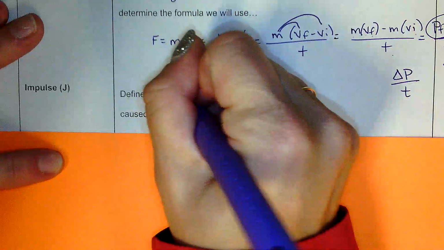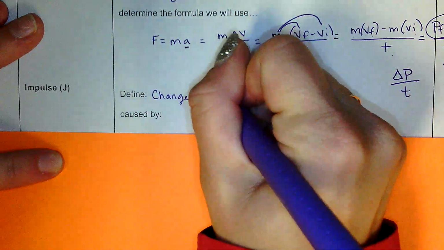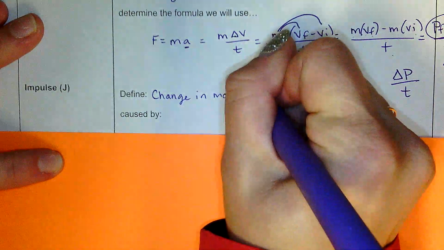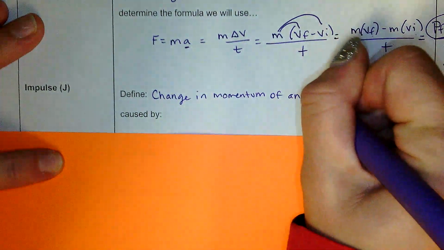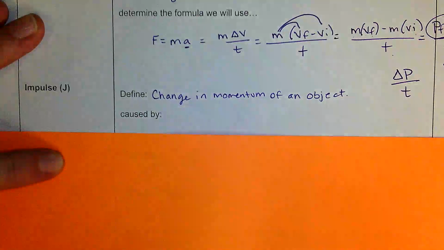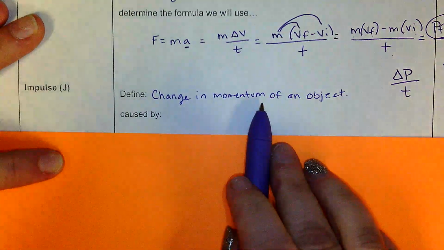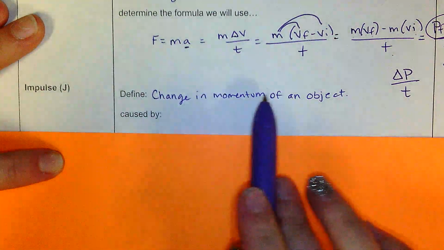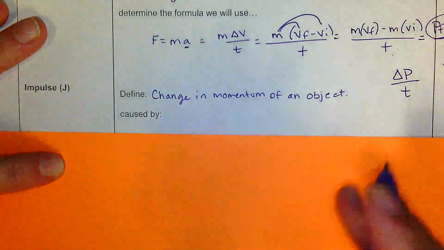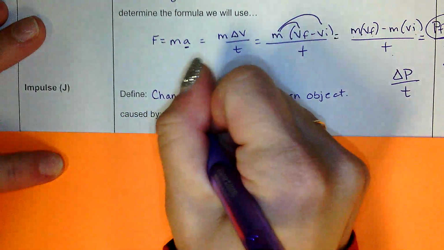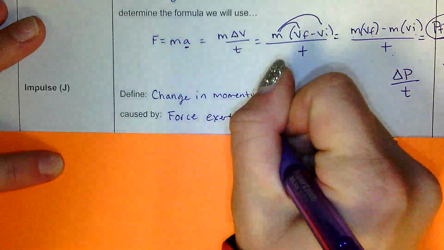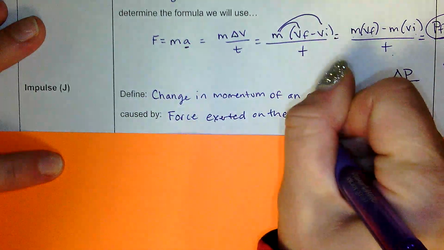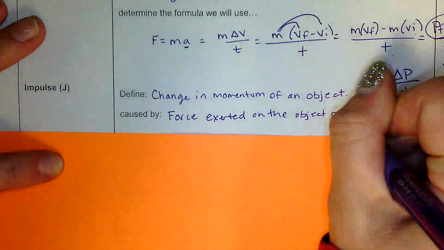It is the change in momentum of an object. So if you can change the momentum, normally with a force, in order to change the velocity, you're creating an impulse. And it's caused by a force exerted on the object over time.